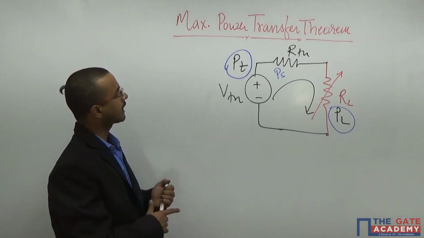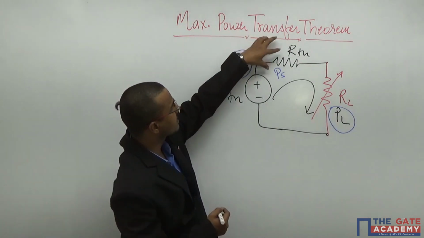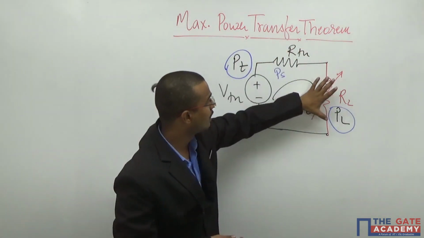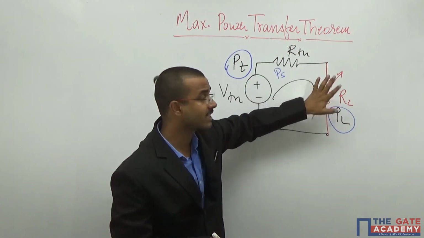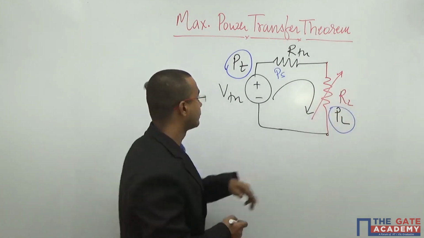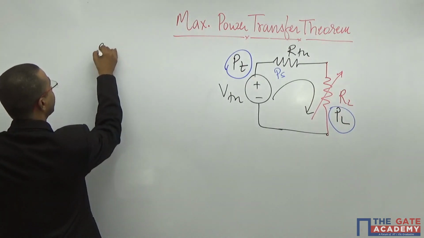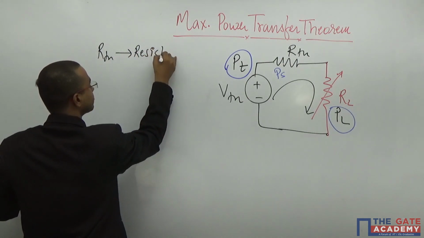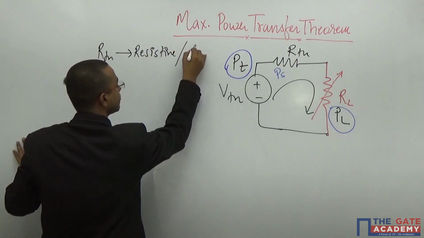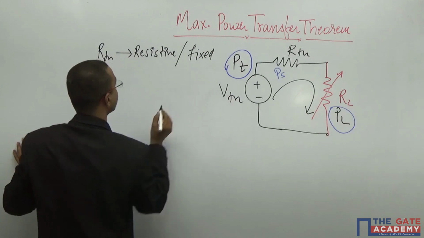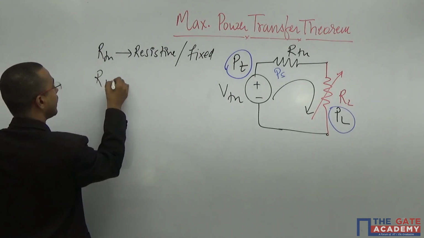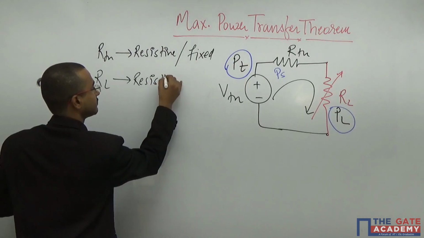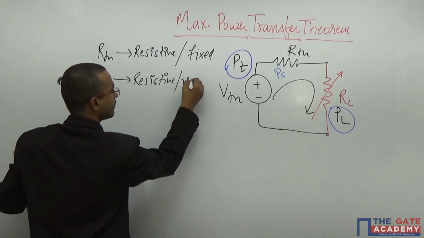But here you can see my source resistance is fixed and purely resistive. My load resistance is resistive but variable. RTH is resistive and fixed. The RL is resistive and variable.